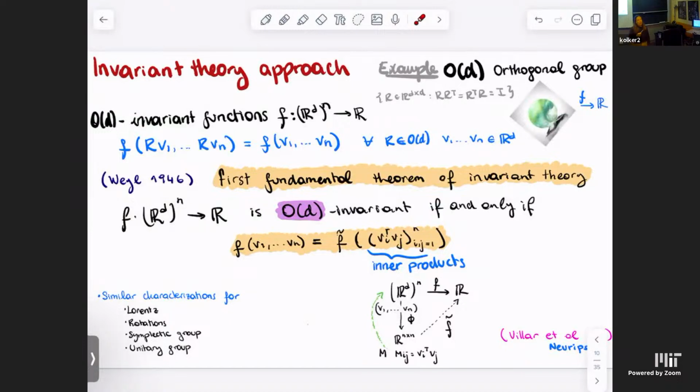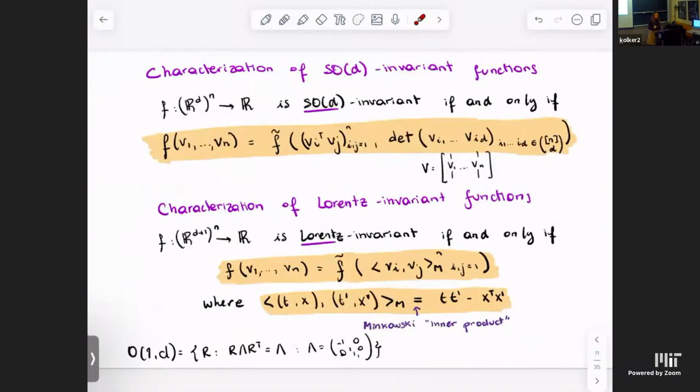So for other simple Lie groups, you have maybe a different form, a different function here. For example, maybe I can show you my next slide. For instance, if you're looking at the Lorentz group, instead of considering the inner products, you consider the Minkowski inner products, which take the temporal components minus the inner product of the spatial components.